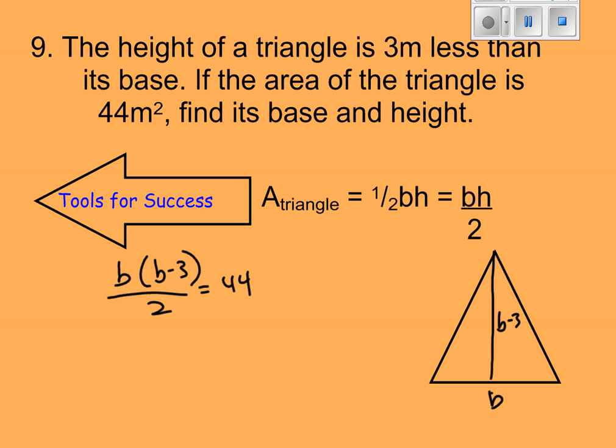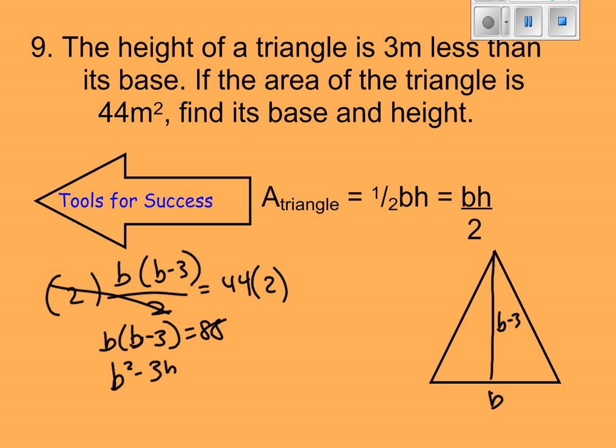So now let's make life easy on ourselves. Let's multiply both sides by 2. That cancels that out. I'm left with b times b minus 3 equals 88. So b squared minus 3b equals 88. b squared minus 3b minus 88 equals 0. So what multiplies to 88 but subtracts to get 3?